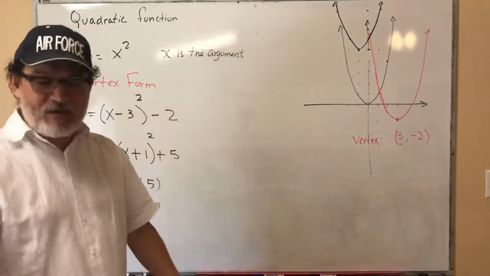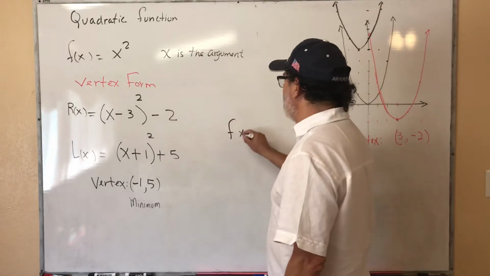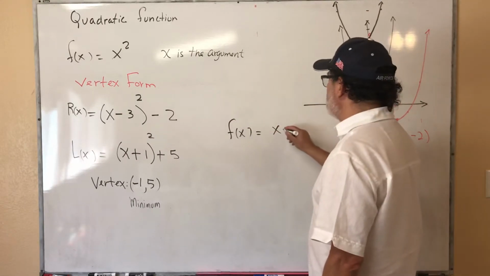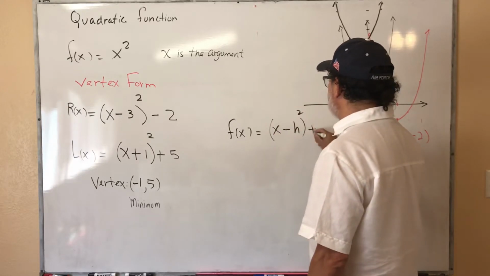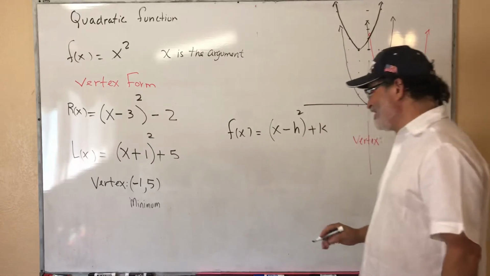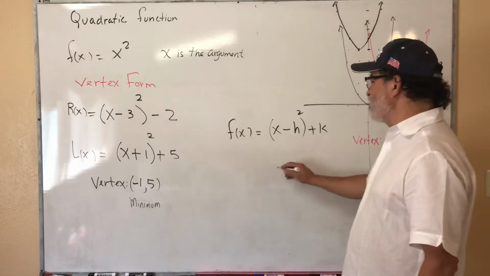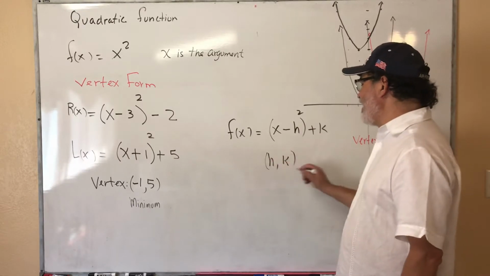If you're ever given a parabola in this form, f of x equals x minus h quantity squared plus k, what's the vertex? The vertex is h comma k.